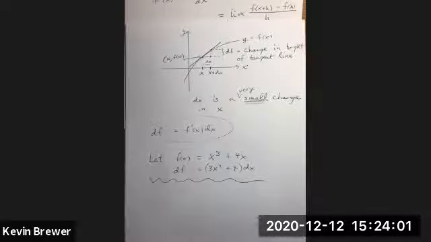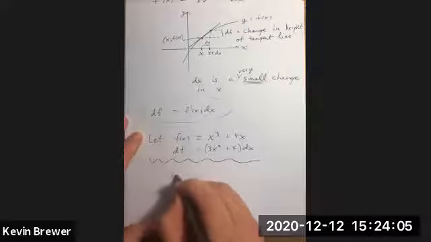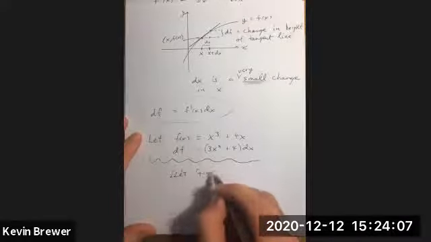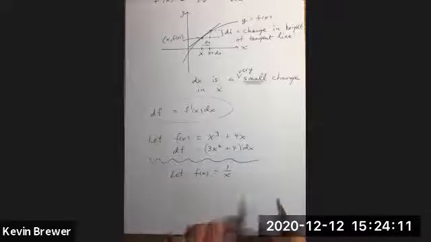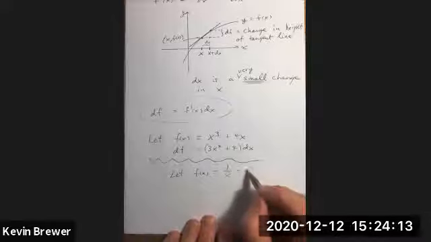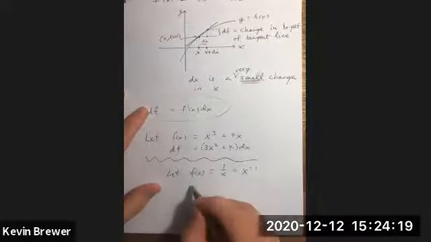Let's look at a couple more here. Let f of x be 1 over x, or in other words, x to the minus 1. Now what is f prime of x? Let's compute f prime of x first.